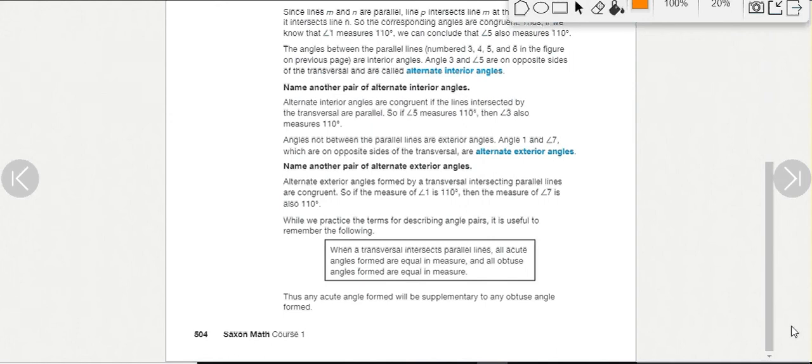While we practice the terms for describing angle pairs, it's useful to remember, you can read this with me if you'd like: when a transversal intersects parallel lines, all acute angles formed are equal in measure, and all obtuse angles are also equal in measure. Thus, any acute angle formed will be supplementary to any obtuse angle. And again, supplementary, remember, means it will add up with the other angle to 180 degrees or a straight line.